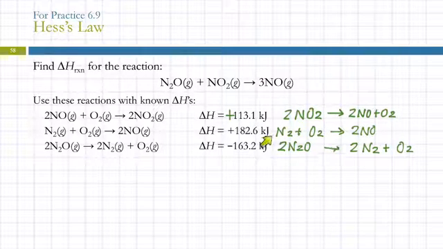So two nitrogens, if I multiply this whole equation by 2, then I could get two nitrogens there, and that would cancel out the other nitrogens. So what I'm doing here is I'm taking this whole thing times 2.